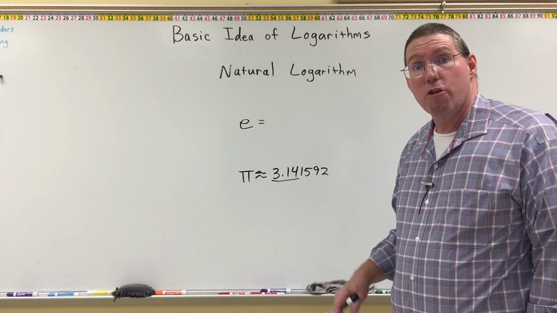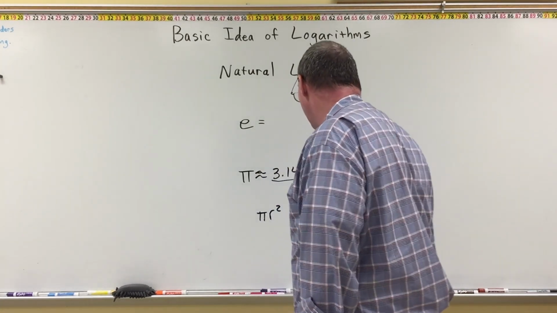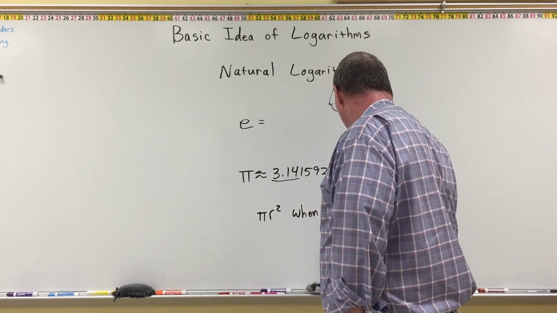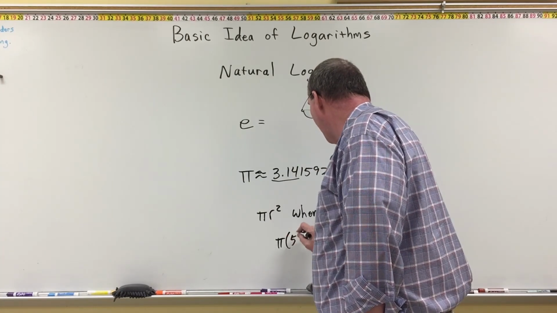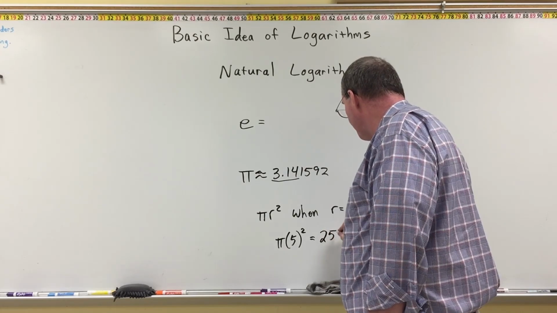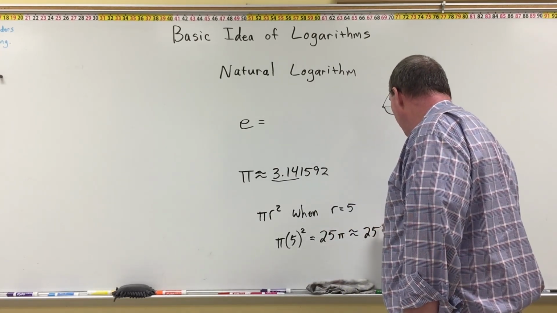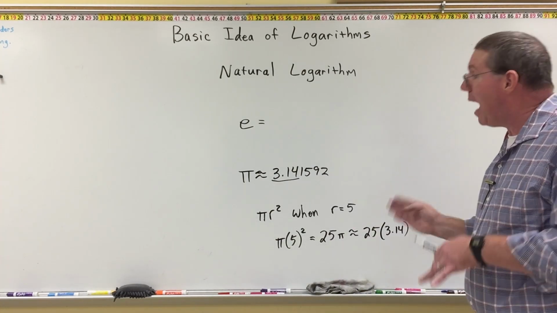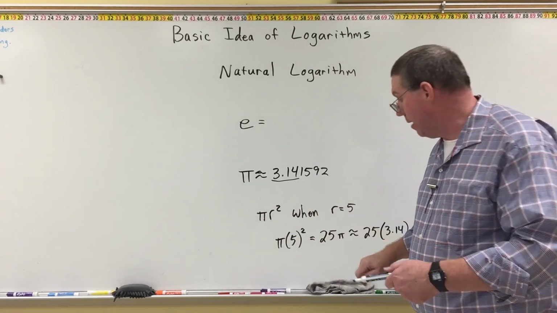So when we do the area of a circle, pi r squared, if we were told that r is equal to 5, then it would be pi times 5 squared. 5 squared is 25, so this would be 25 pi, which is approximately equal to 25 times 3.14, okay? So pi is a letter that is used to represent a number in math.